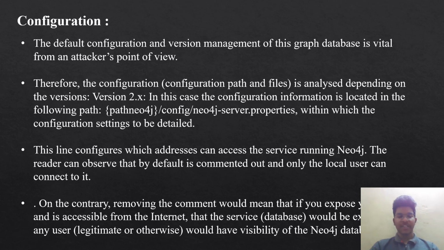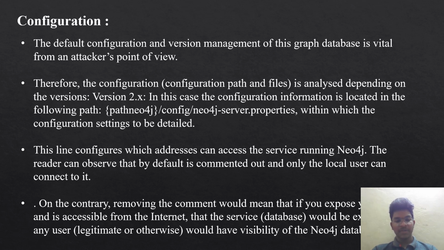The default configuration and version management of this graph database is vital from the attacker's point of view. Therefore, the configuration file paths differ depending upon the version. In 2.x, the configuration information is located in the following path, within which the configuration settings are detailed. This line configures which addresses can access the service running Neo4j.